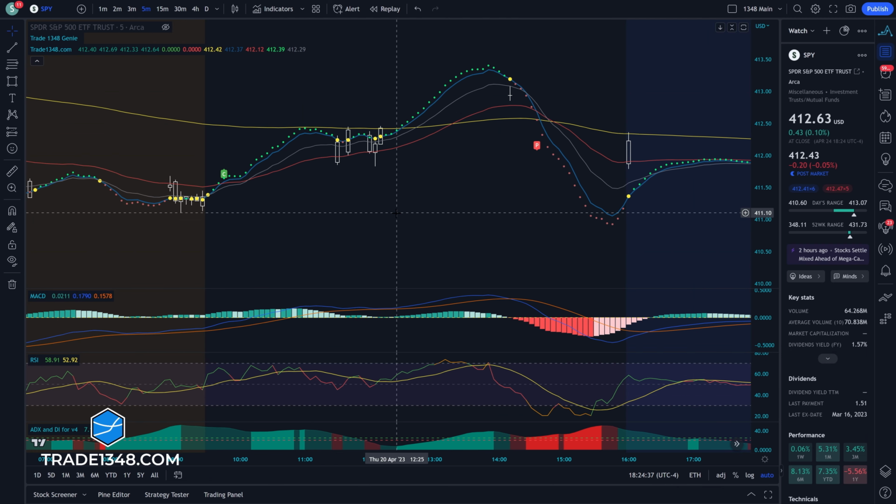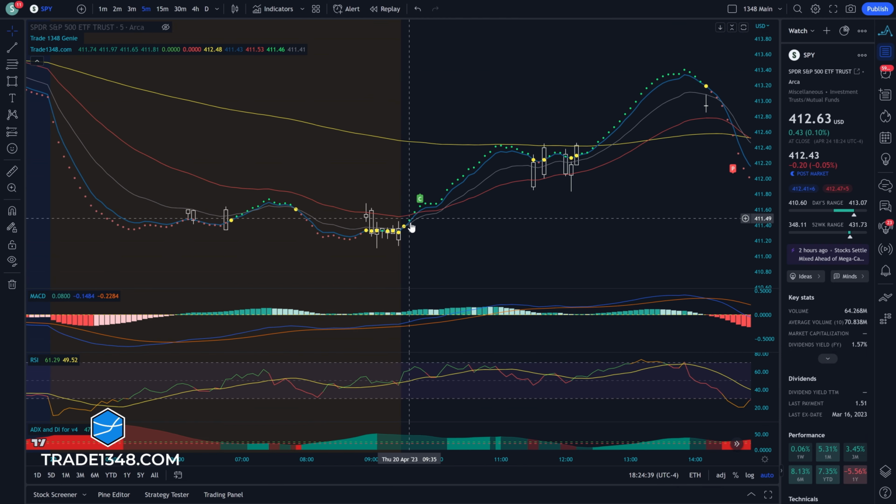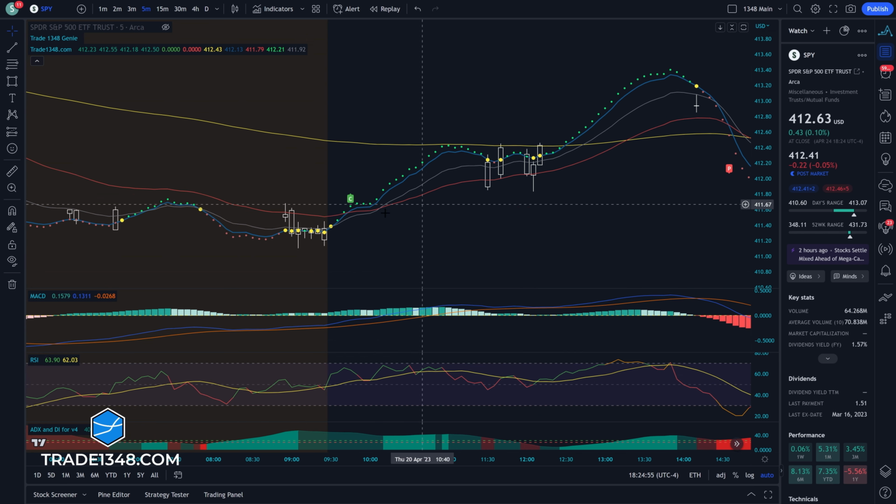In this example, we have a traffic light that leads you into a call, which brings you right up to the 200 EMA. Notice something. The 1348 continues. As you can see here, the cross only happened once.